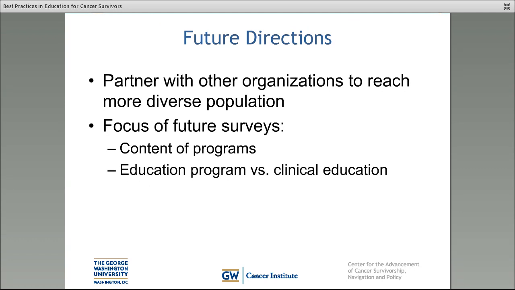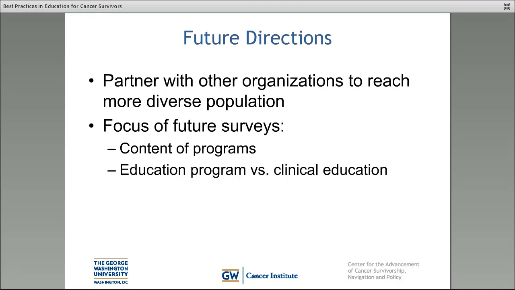So we learned quite a lot from the results of these surveys. However, as I mentioned, this also sparked for us the need for additional research and more questions to ask. Given the lack of diversity in our respondents, we see a need to partner with other organizations to reach a more diverse population and also to get the survey out to more people through a more targeted approach. We've also thought about future surveys, possibly including caregivers and those still in treatment, since they were disqualified from completing our survey.